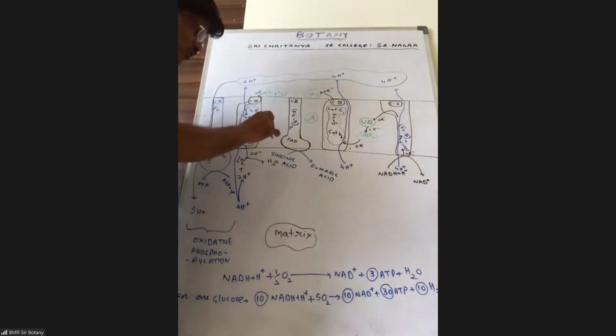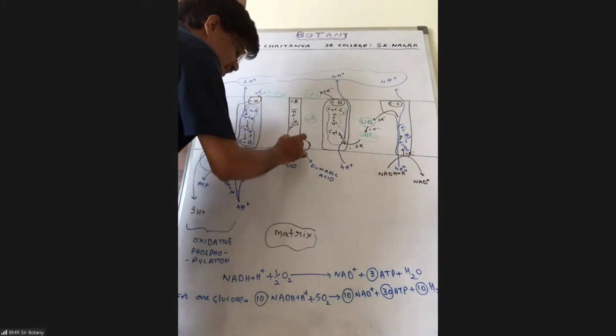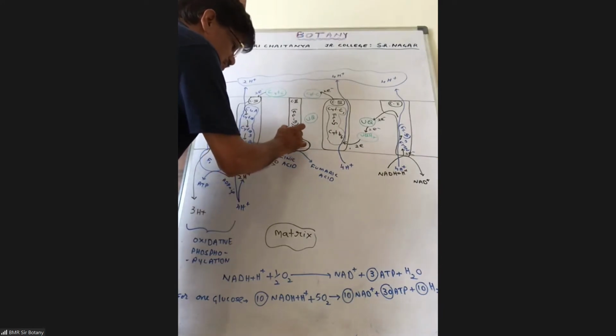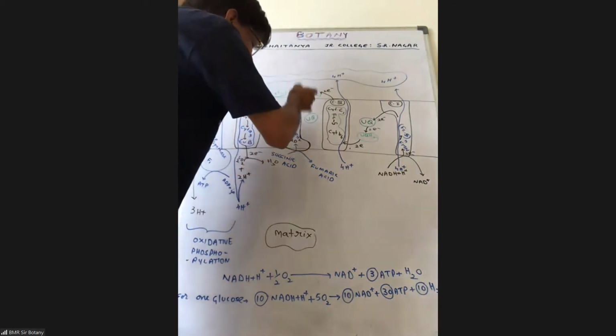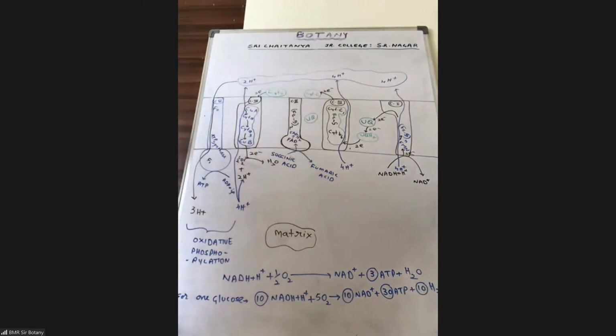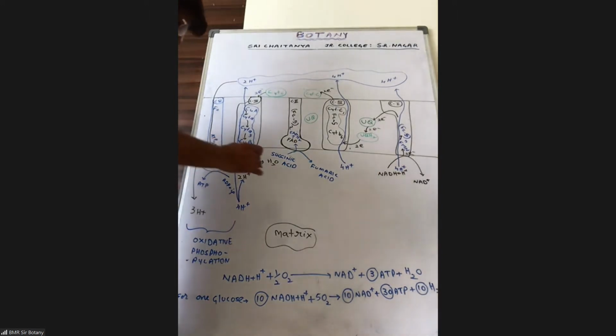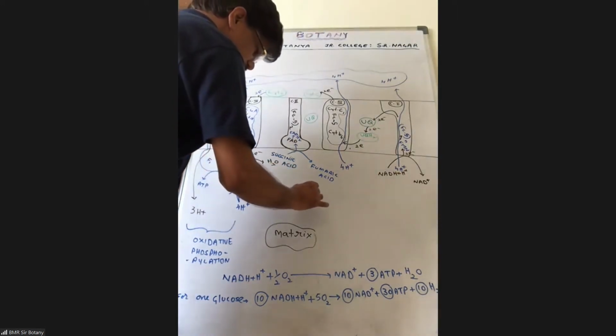FAD to form FADH2. And FADH2 is part of complex 2. That is nothing but succinic dehydrogenase. If you can recollect from what I told you yesterday.